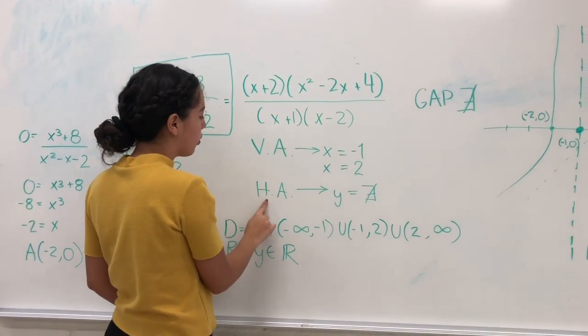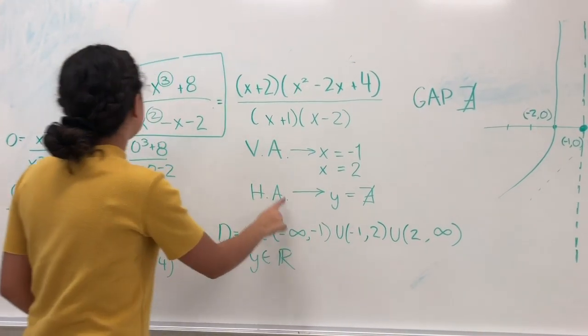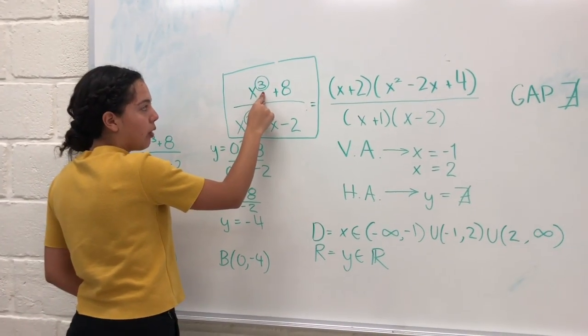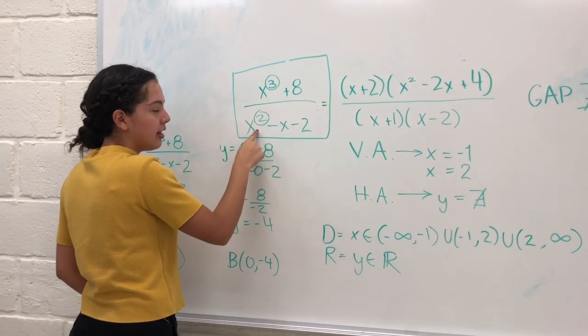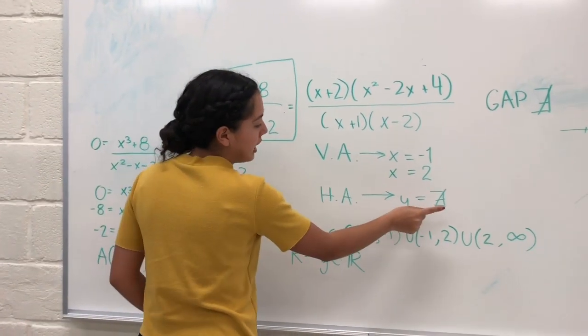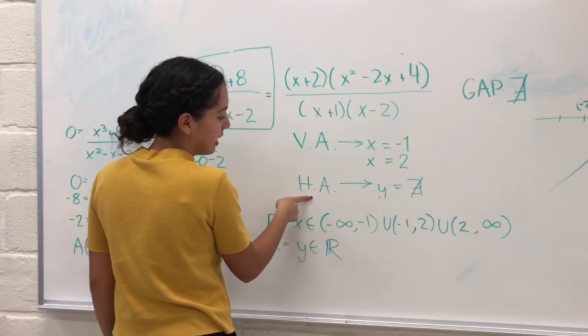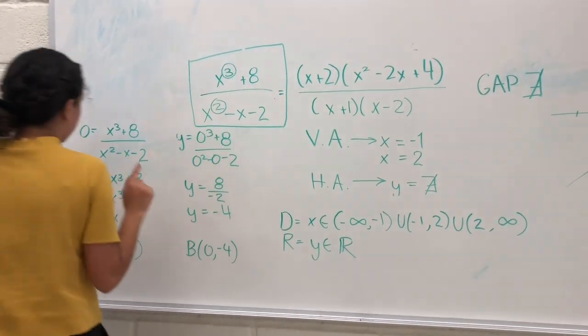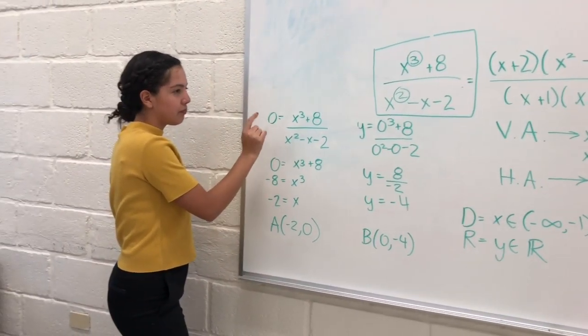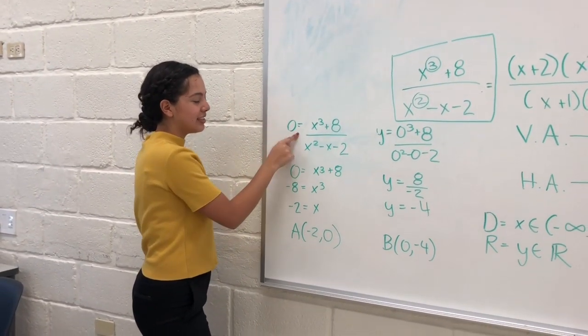And for the horizontal asymptote, we can see that the x of the numerator has a power bigger than the x of the denominator. Therefore, we don't have a horizontal asymptote. Now for the intersection with x, y equals 0.